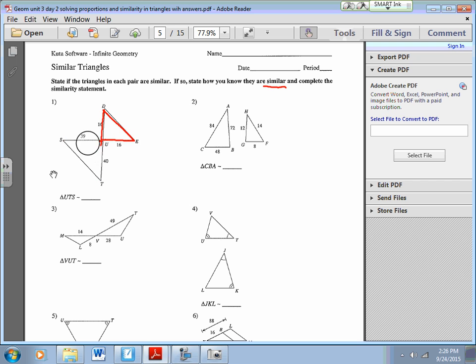Okay? But you've got to be able to justify it. Is there anything in there that you see interesting? What numbers do you notice, Dominic? 16.